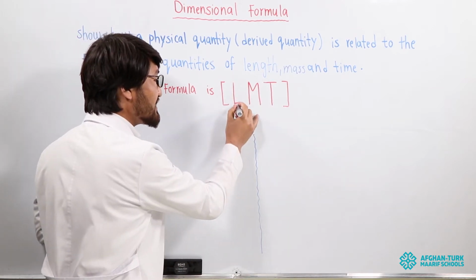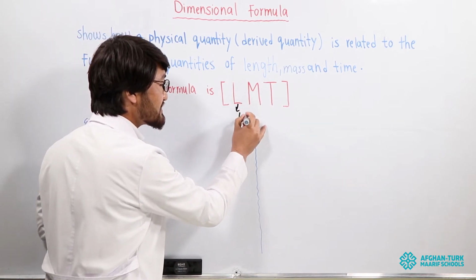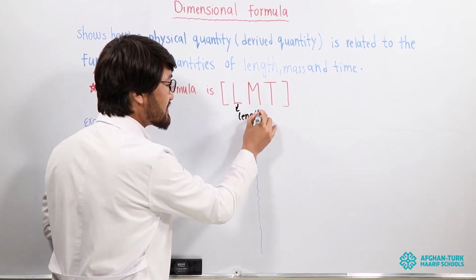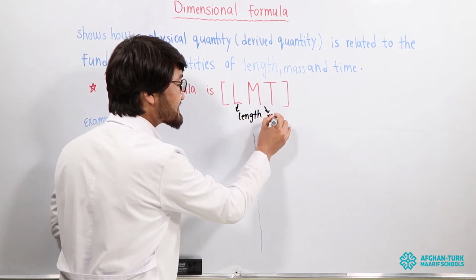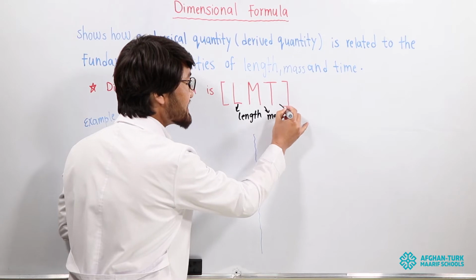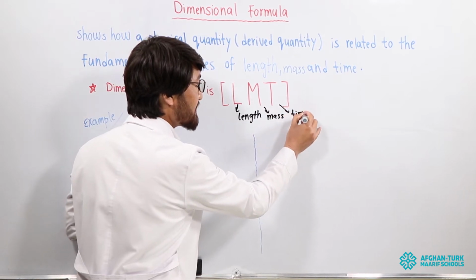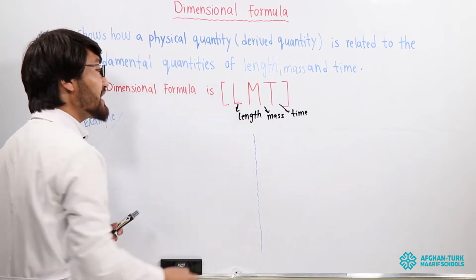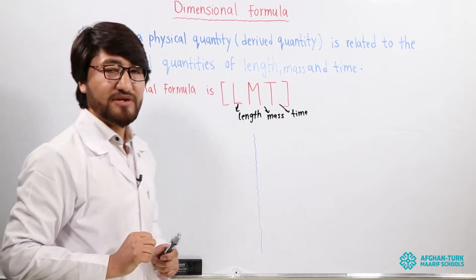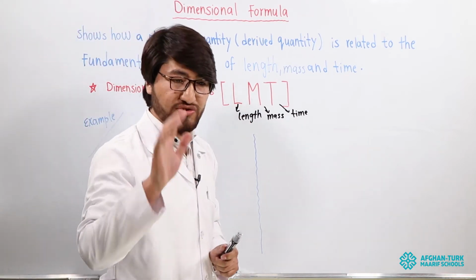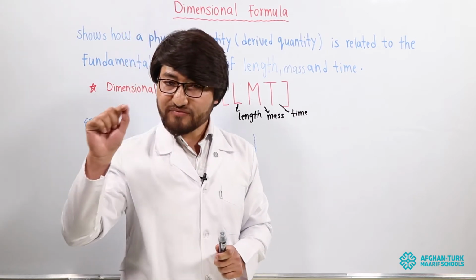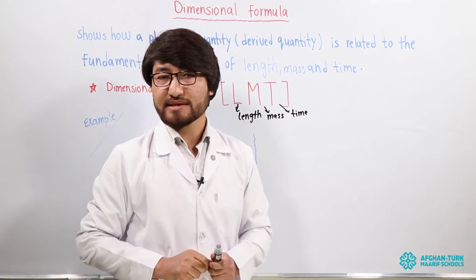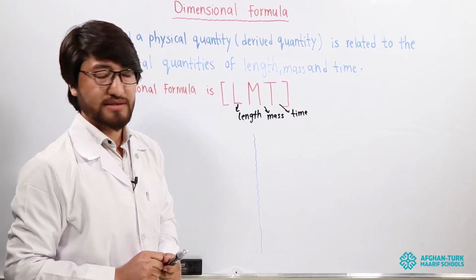What is L? Length. M is mass. And T is time. This is the dimensional formula, LMT. It shows the relationship between a derived quantity and fundamental quantities.